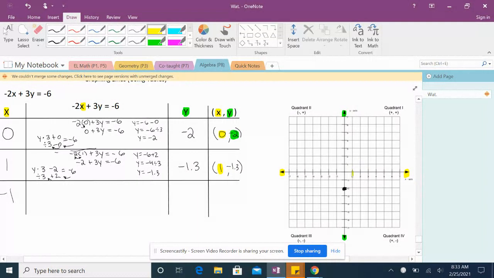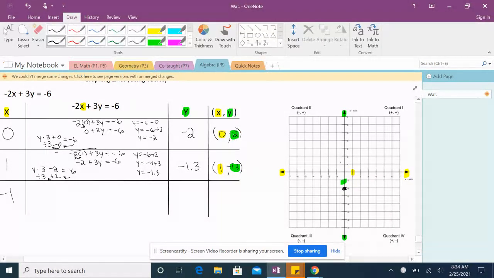I'm going to put a mark on 1. Voy a poner una marca en 1. And y is negative 1.3. Y es negativo 1.3. I'm going to put a mark at negative 1.3.